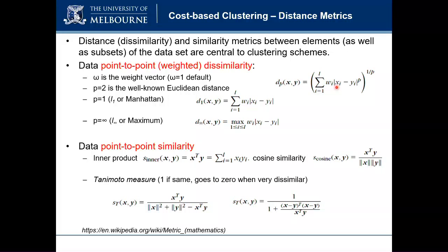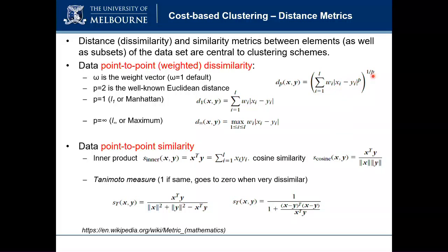So x is a vector, and then I'm weighting different dimensions of the x, or I can choose them uniform, then forget about the omegas, right? Or certain dimensions may matter to me more. In that case, I can give them more weight, then they play a bigger role in clustering scheme.